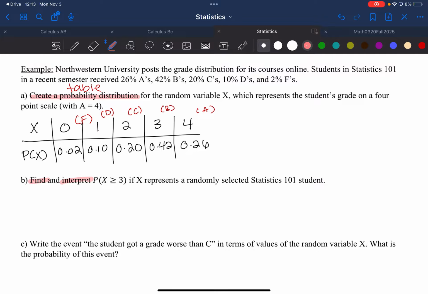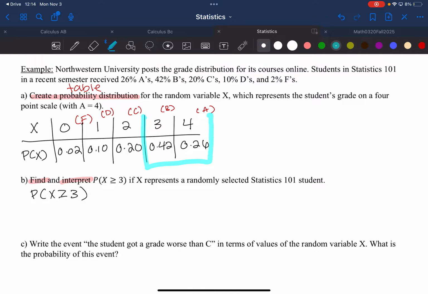We write a sentence. So first, let's find the probability of X greater than or equal to 3. Which X values is that going to represent? What are the X values greater than or equal to 3? 3 and 4.